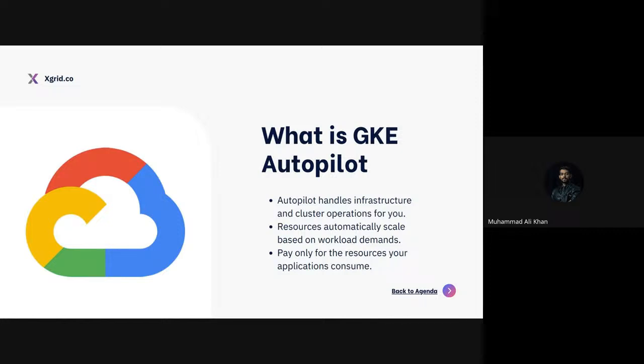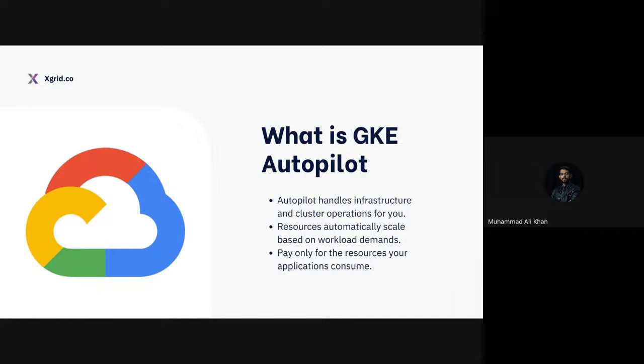Whenever you need resources, they are provisioned by GCP itself, and you don't have to worry about provisioning nodes for resource constraints. It helps your cluster be scalable whenever there is a demand, and not when there are nodes that are not being used and you are still paying for that.